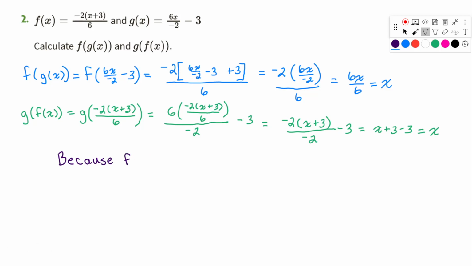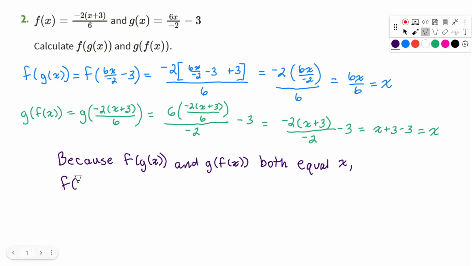So because f of g of x and g of f of x both equal x, f of x and g of x are inverses of each other, or are just inverses, or inverse functions.